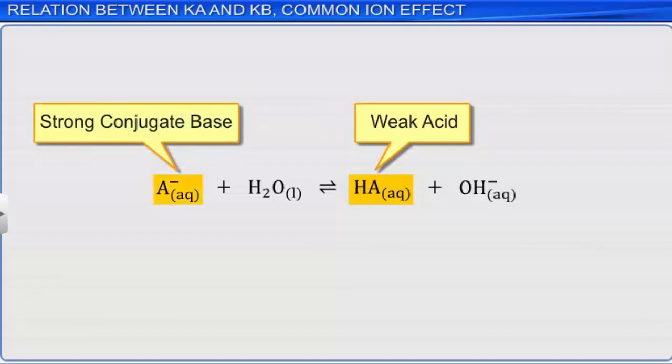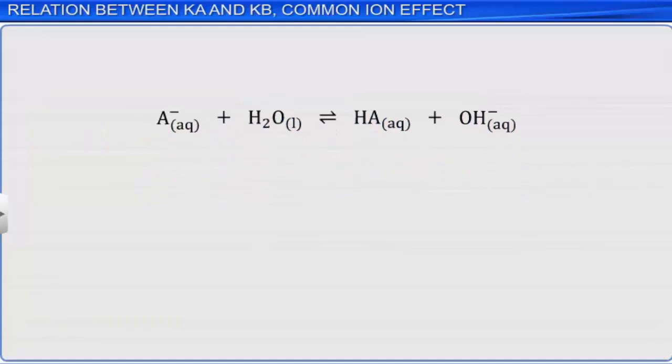The dissociation equilibrium of strong conjugate base A minus in water can be represented as A minus aqueous plus H2O liquid in equilibrium with HA aqueous plus OH minus aqueous. The base dissociation constant Kb for the dissociation of this base can be written as the product of concentration of HA and OH minus ion divided by A minus.